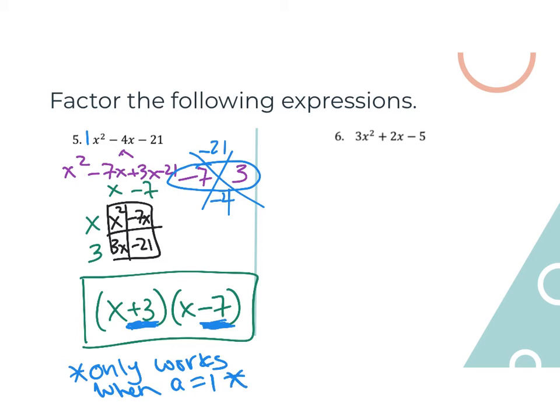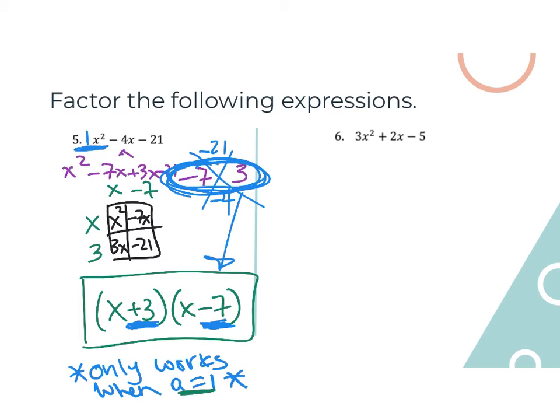So that a term right here, my a is equal to 1. So since my a is equal to 1, whatever I get as my factor solutions, I can just drop those into my factored form. And that's the factored form of that expression. But again, it only works when a is equal to 1. So like in number 6, that theory is not going to work.